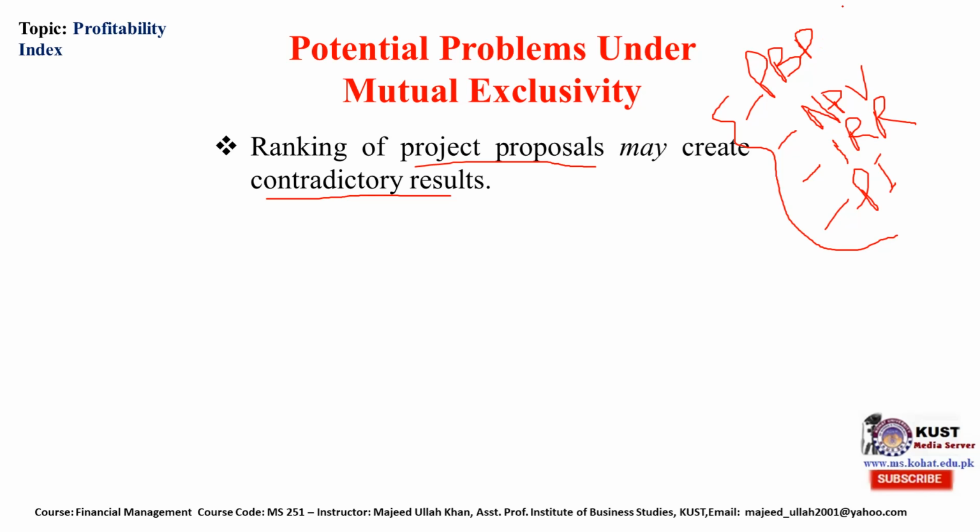Maybe payback period ranks some project, let's suppose X, Y, Z, on top. Maybe NPV ranks like this, Y, Z, X. Maybe IRR provides Z, X, Y. So these are different ranking lists that may be provided by these different methods of project evaluation techniques.